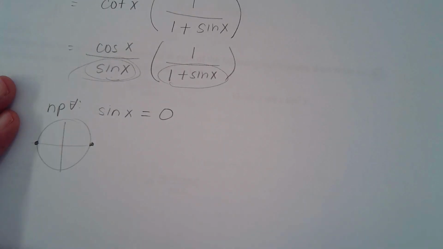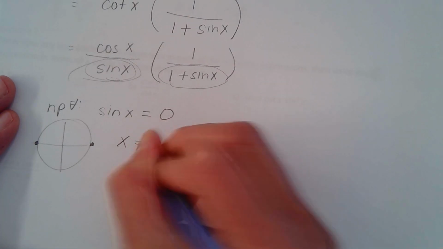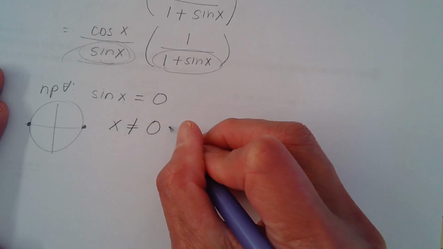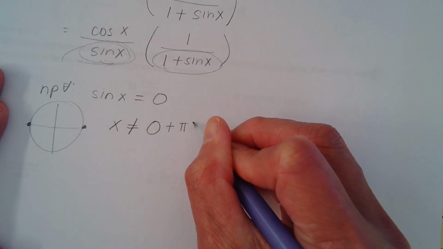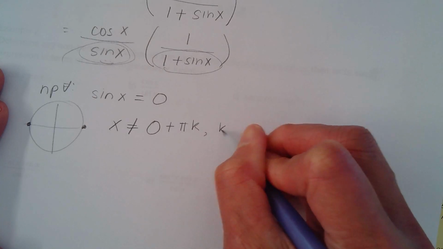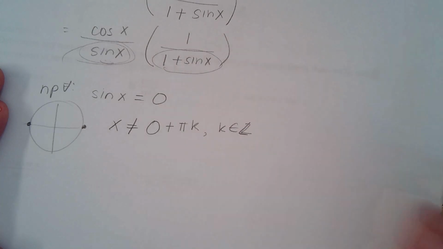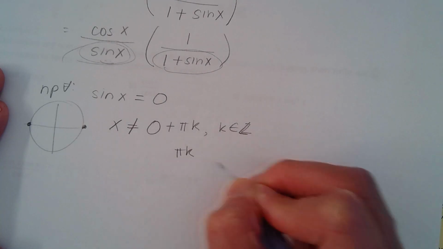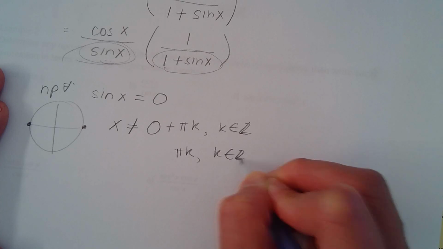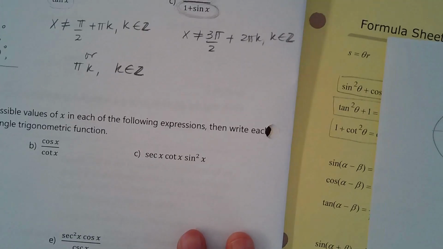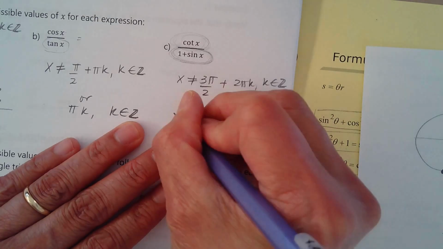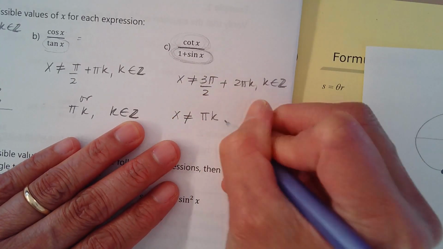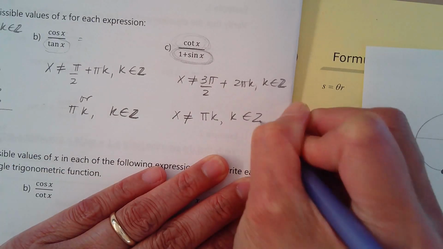So x cannot equal 0, pi, plus pi k, where k is an element of an integer. Simplify it further, it's just pi k. So here's the other one: x cannot equal pi k, where k is an element of an integer.